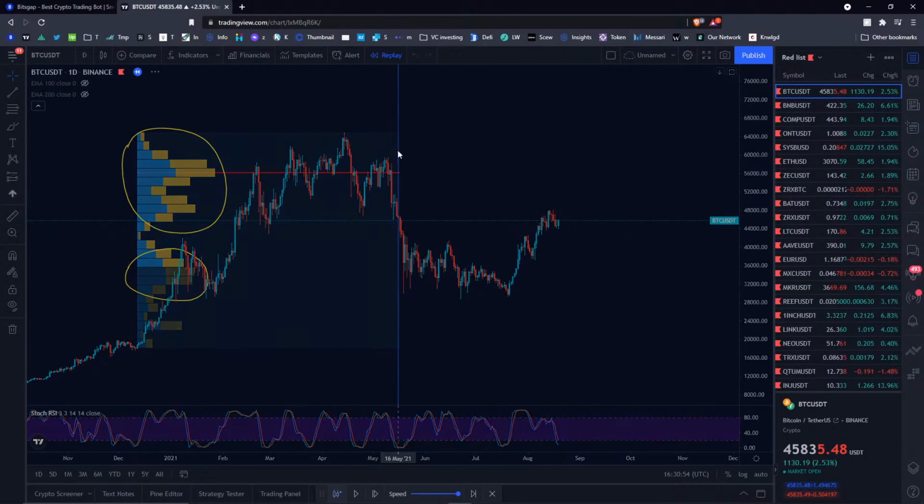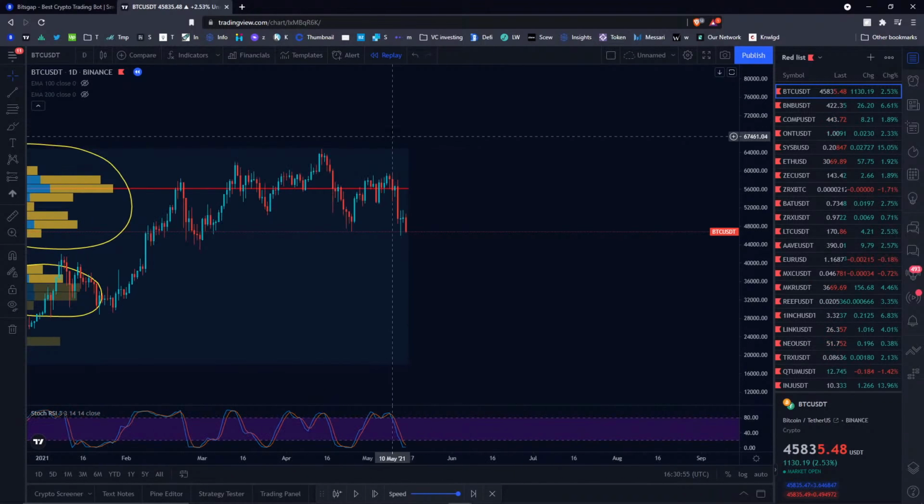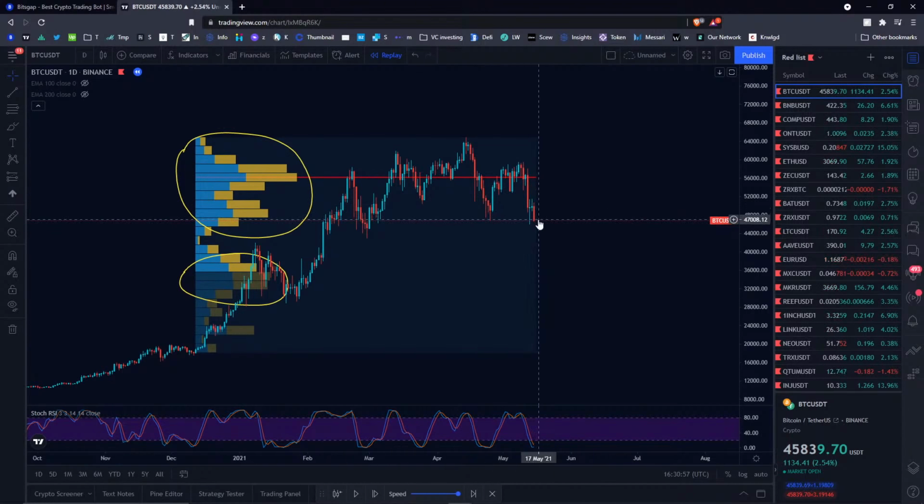Let's say over here. So that was back in the time when the price started to fall in May 2021. So this is how the volume profile looked like. The price went below the point where we had the most volume traded, and usually that's a bad signal. If we are below the most volume traded, then that's a bearish signal.